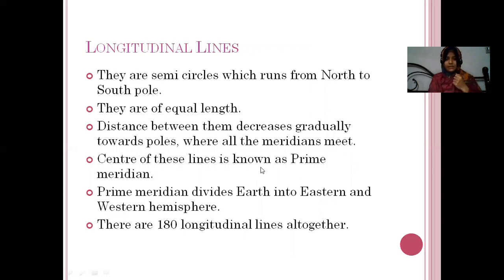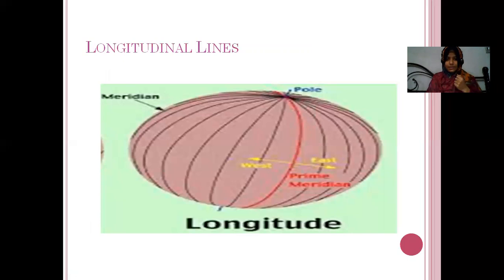The center of these lines is known as prime meridian. The center, the main line of longitude, is known as prime meridian. See this pink line in the center. This is the center line of longitude. This line is known as prime meridian, or we also call this Greenwich meridian. Why do we call these lines meridians, students?